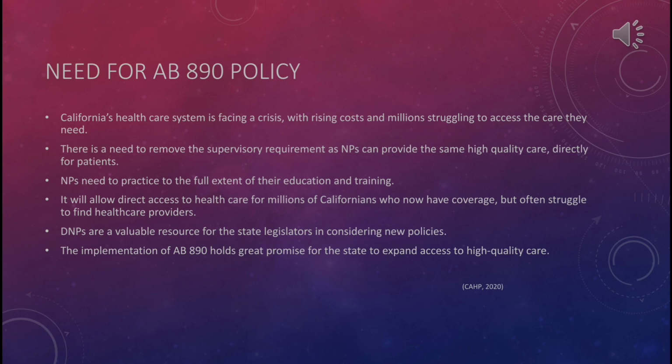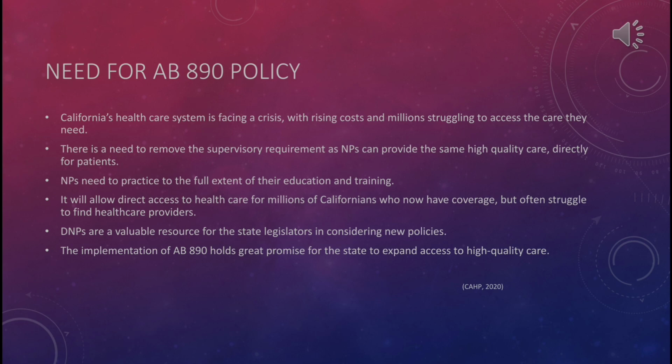Just to give you a little background, California's healthcare system is facing a crisis with rising costs and millions struggling to access the care that they need. There is a need to remove the supervisory requirement as NPs can provide the same high quality care directly for patients. NPs need to practice to the full extent of their education and training.